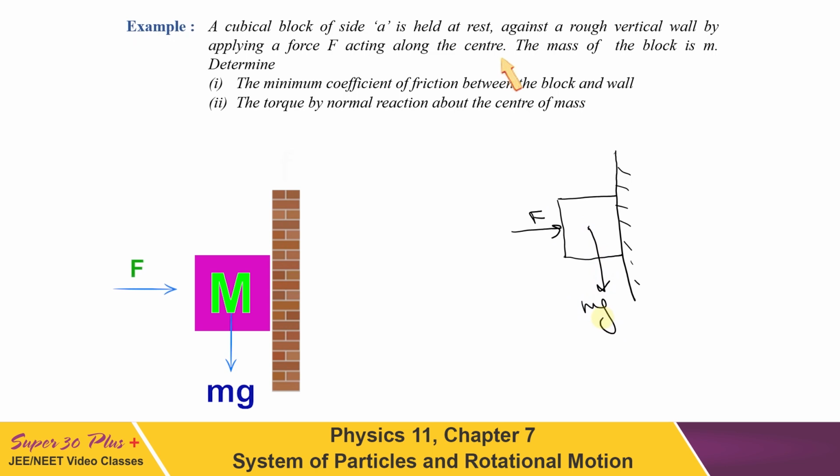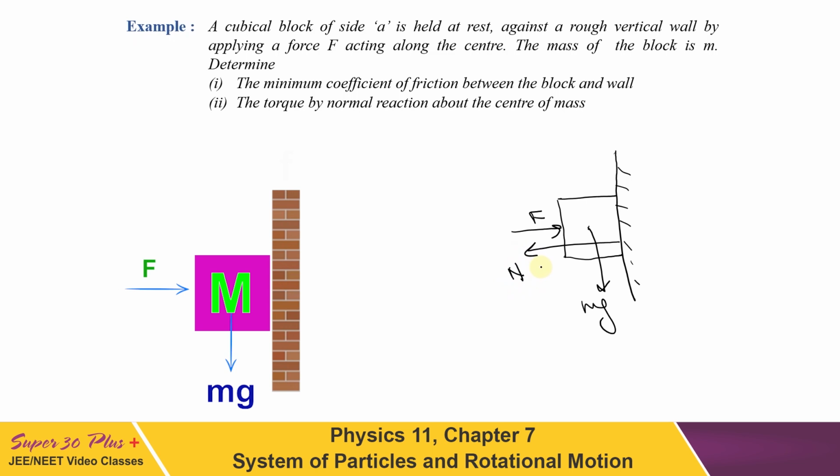Again, one normal has to be drawn, which will be the normal between the wall and the block, and for the block it has to be in the upward direction. Now at what position has it to be drawn? So let us draw this normal to be here. I have considered it so that the block can remain in translatory as well as rotatory equilibrium.